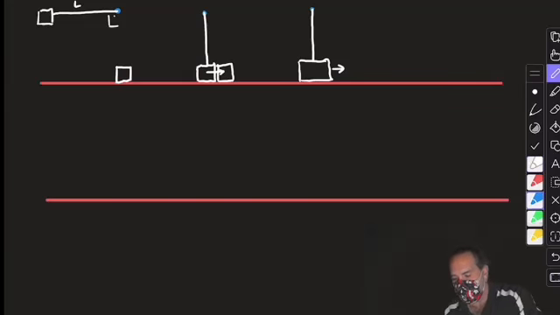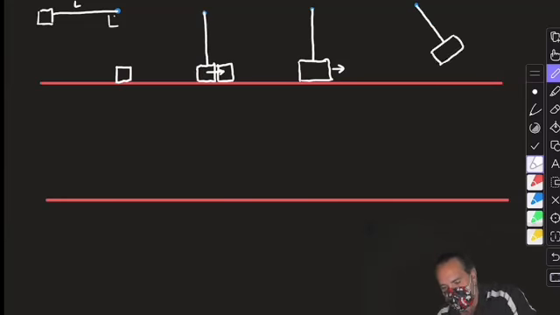And then from there, the two boxes swing upwards, briefly coming to rest before they swing back down. Does this sound like the events of the problem?